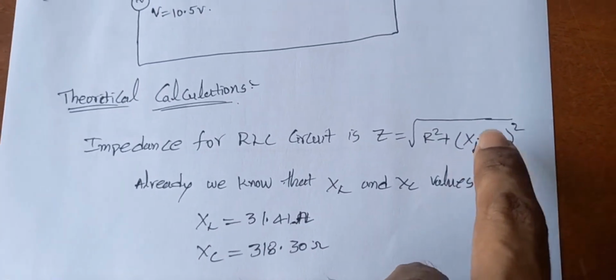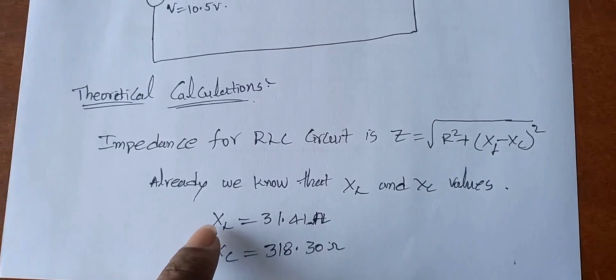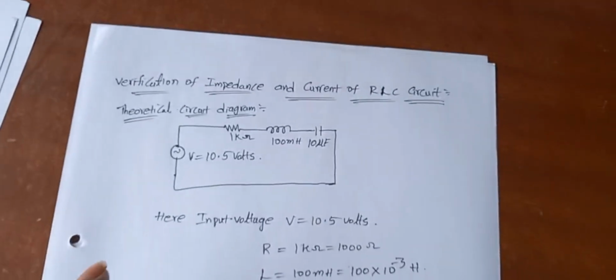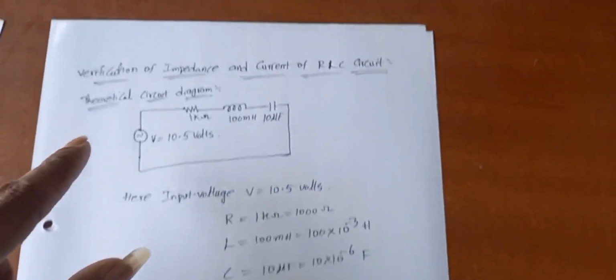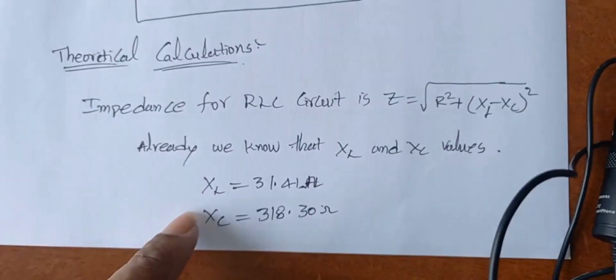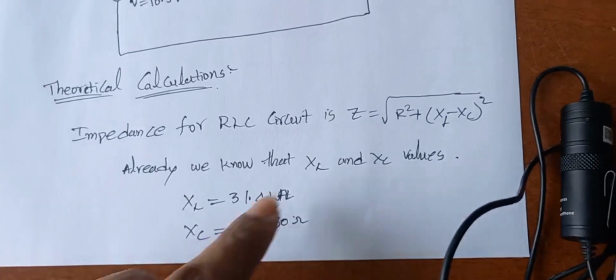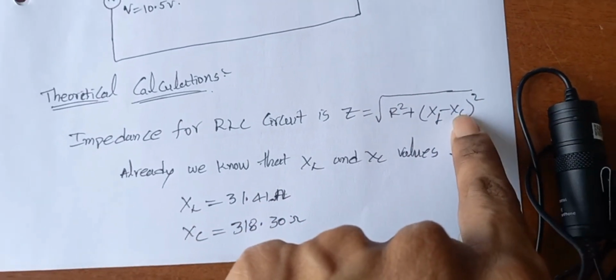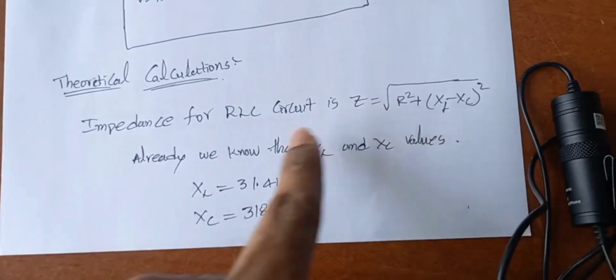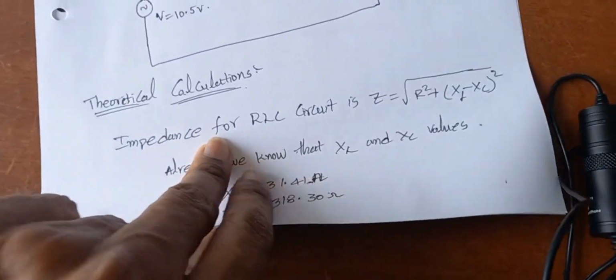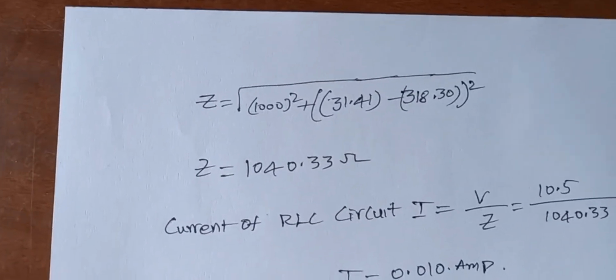No need to calculate once again, since we already calculated XL and XC in the previous cases, the RL and RC combinations. Those 2 values we directly substitute here. If you have any doubt, you have to refer to the RL and RC circuit theoretical calculations. And here we substitute all the values.